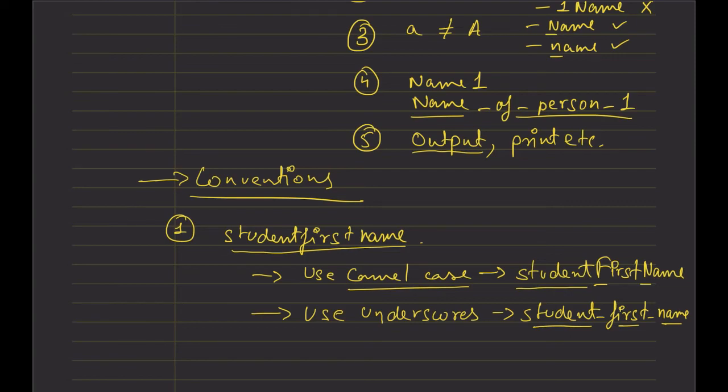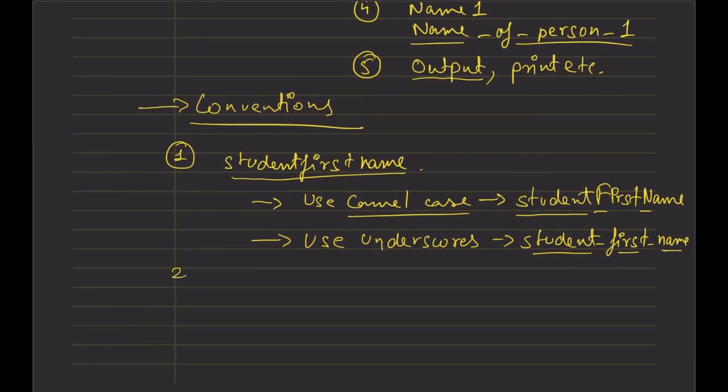The second convention, which is used for writing a variable name, is that you should use descriptive names. For example, if I want to store a student first name, then I should not write something like SFT. This should not be the name of the variable.